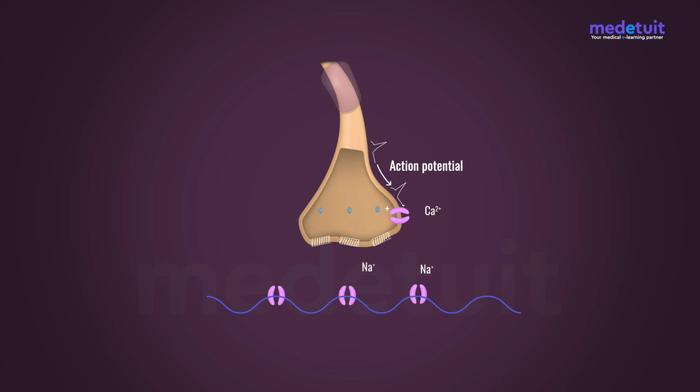When calcium channels are opened, there is no other way, the calcium should come in. There will be an influx of calcium into the motor knob. This calcium which is influxed in activates the synaptic vesicles. And what will happen to these activated vesicles?